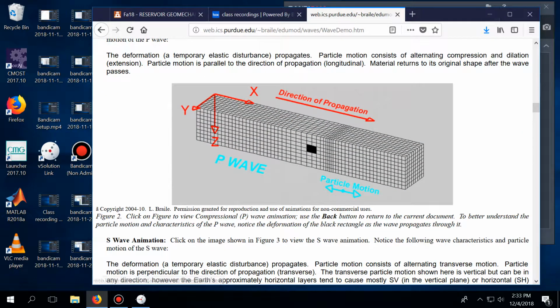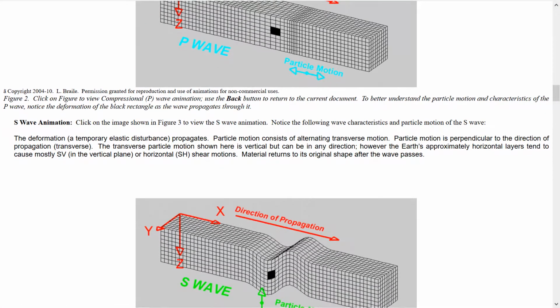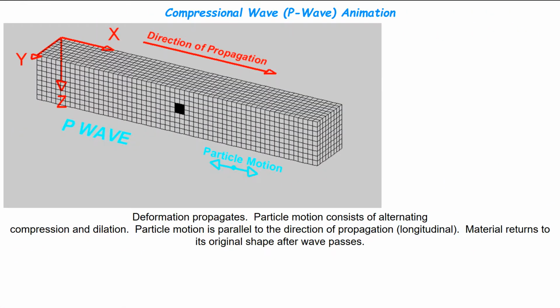So let me zoom in here. That's a P wave. That's what we have. I did a schematic for it. Now we see that in space, right? Here's the wave. This is compression. After some time, expansion and compression again, right? You're looking at this as a function of time.